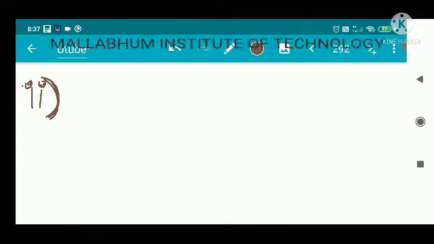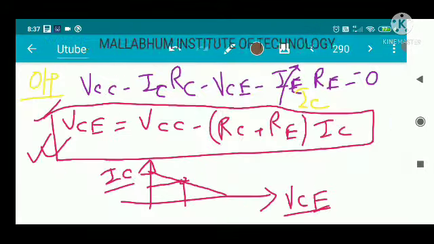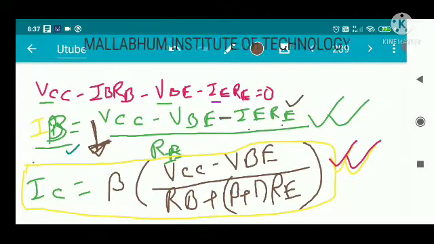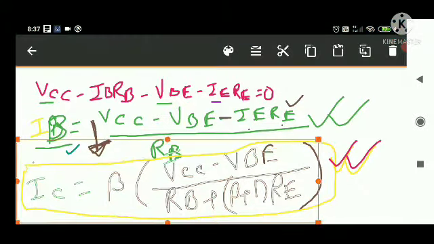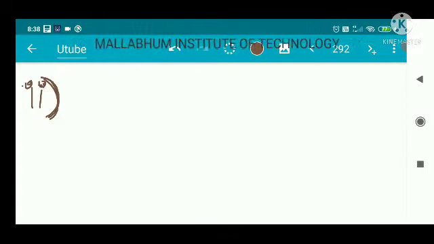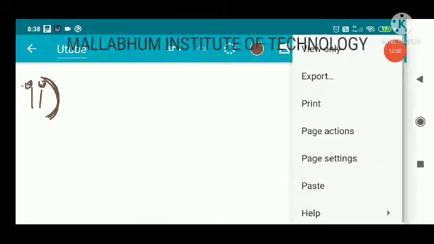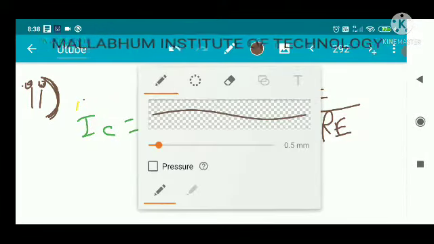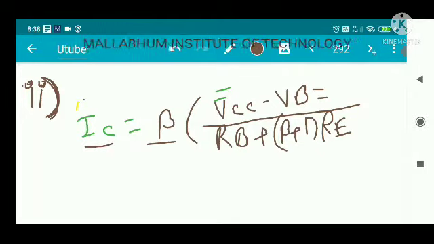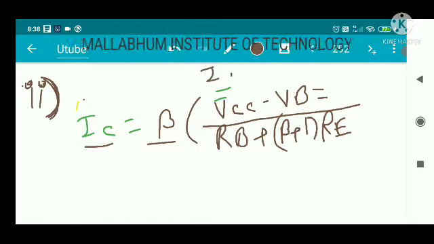Because IC is actually dependent on beta IB, I am copying the expression here. So this will be your expression for IC. Now if your beta increases, then the IC value will obviously increase, because IC equals beta IB, and this is the expression for IB.